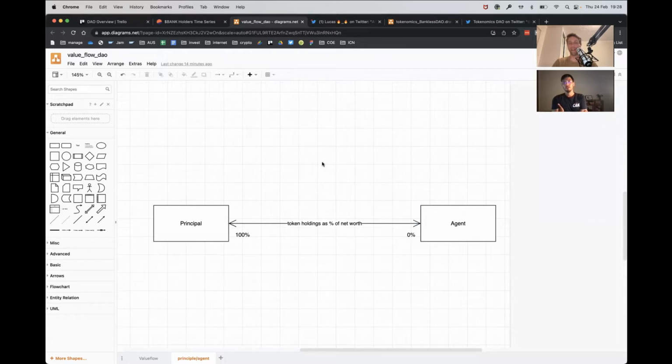Let's say I've got $1,000 in my bank account, and that's all I have, and 20% of that is shares in the company I'm working for. That will already make me pretty incentivized to do something. But if I had 80%, I'd be totally keen to improve the situation of the company, because then my net worth would in proportion also increase a lot more, right?